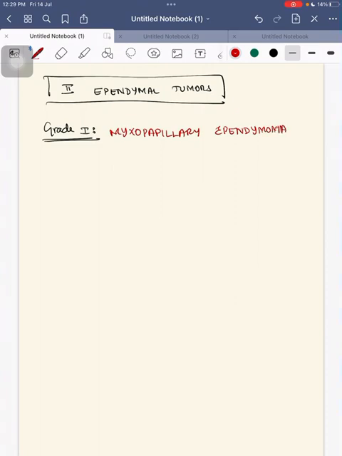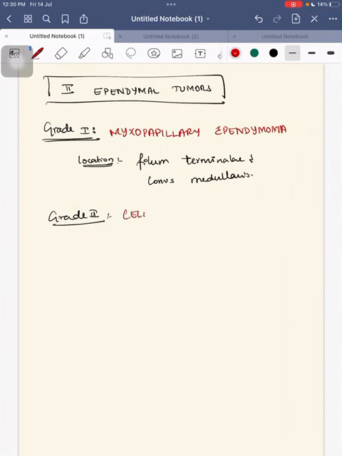The location of this tumor is the filum terminale and conus medullaris. Next, grade 2 tumor is cellular ependymoma.